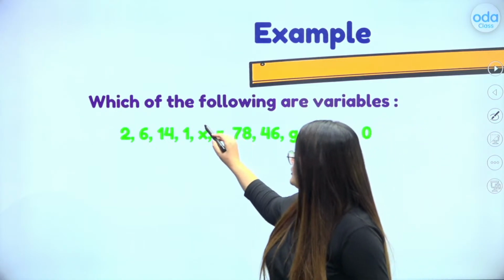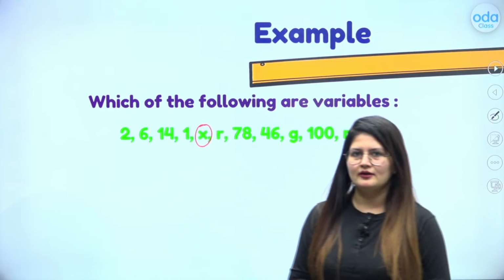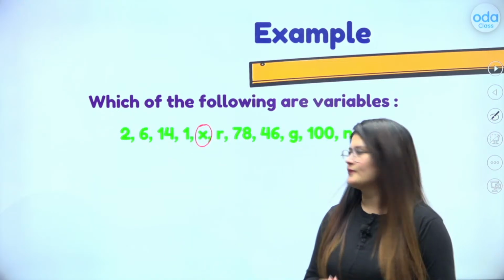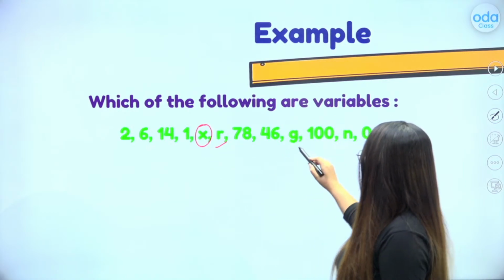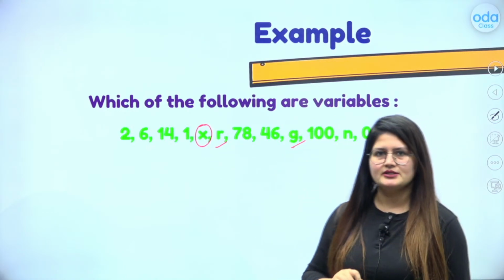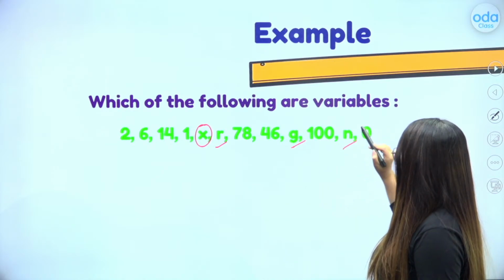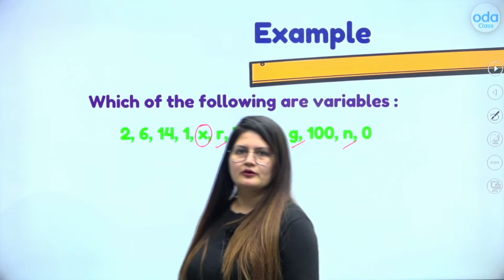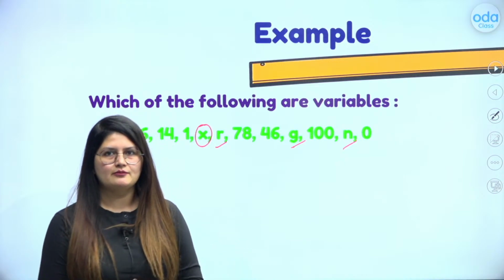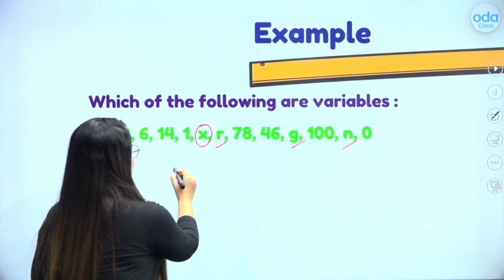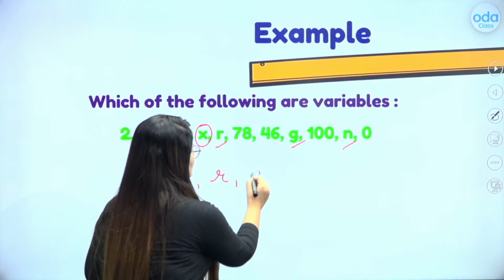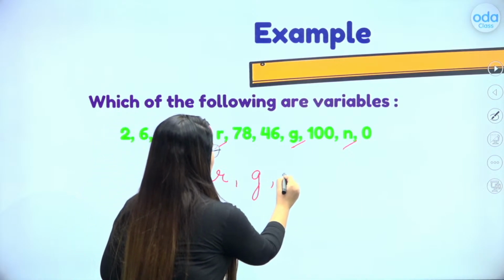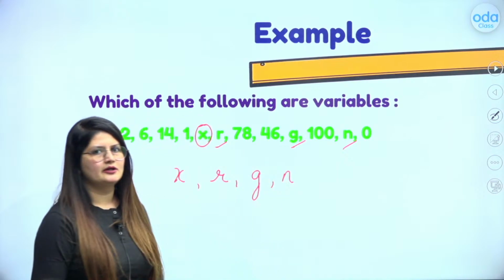So if I talk about the variables here, X is a variable, as this is an alphabet. Here R is also an alphabet. Moving ahead, G is also an alphabet, and here N is also an alphabet. So noting down the variables here, X is a variable, R is a variable, G is also a variable, and N is also a variable here.